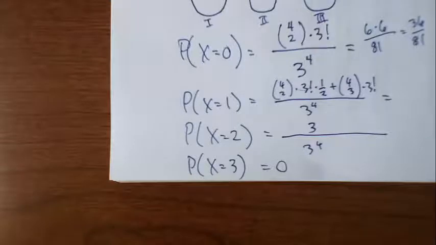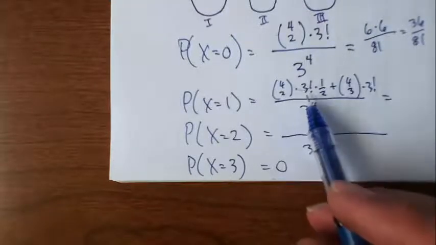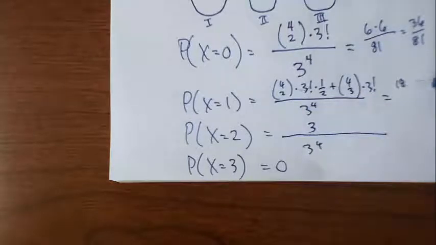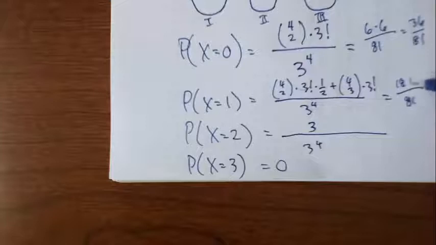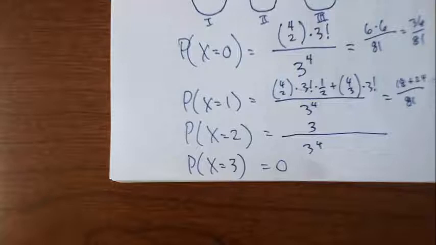What is 4 choose 2? 4 choose 2 is 6, times 6 is 36, times a half is 18. This is 18, plus 4 choose 3, which is 4, times 6 is 24. This works out to be, I think, 42 out of 81.